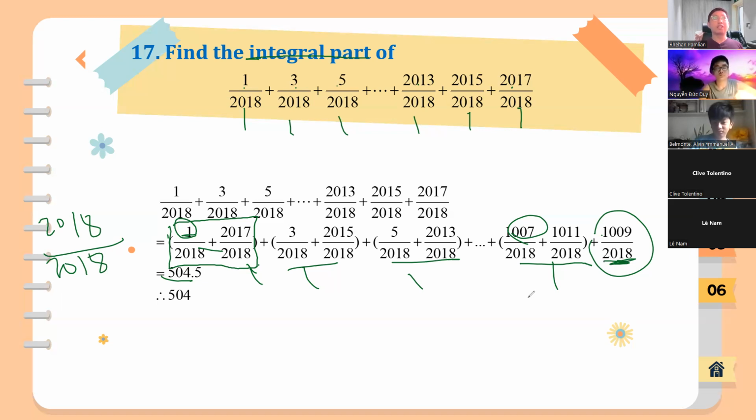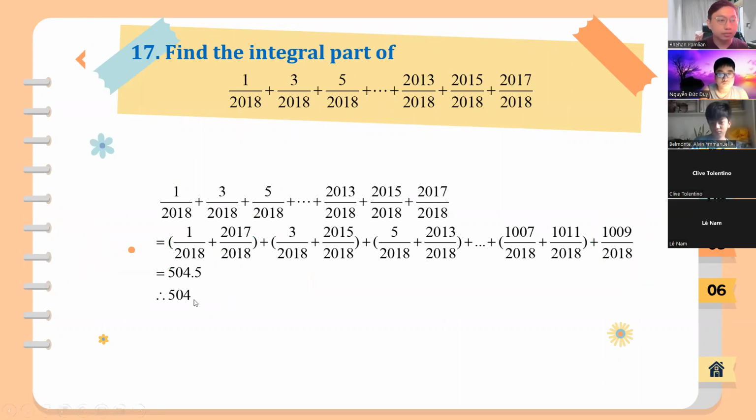So dividing 2018 by 4 would still give you the same answer. Okay, that's right. So the answer here would be 504 because you're looking for the integral part, or the integer part. So the answer is 504.